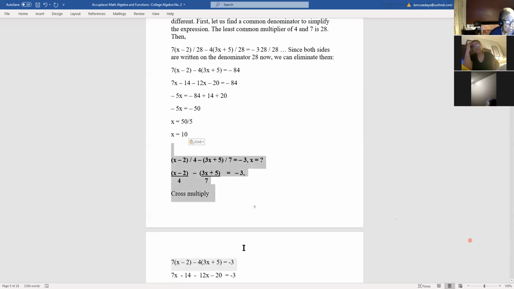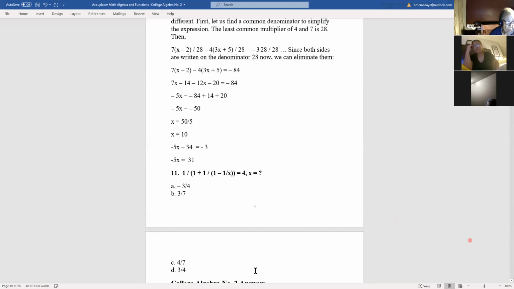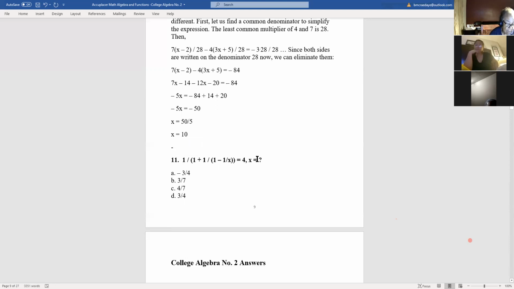This is one where you've got to get a least common multiple. Since the denominators are 4 and 7, you can multiply the denominators and get the least common multiple of 28.